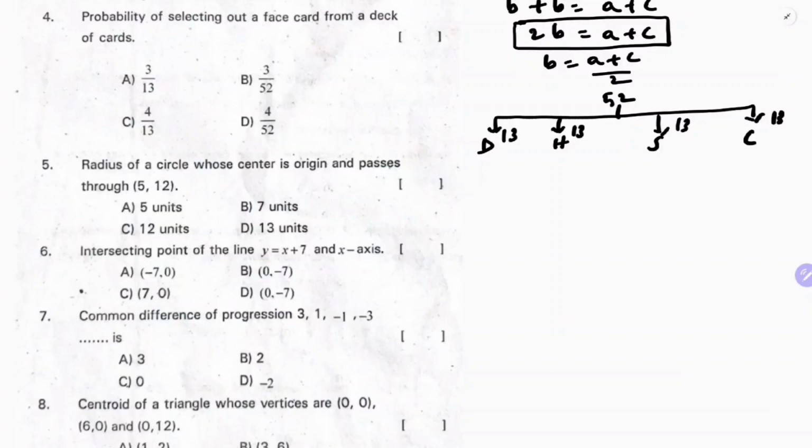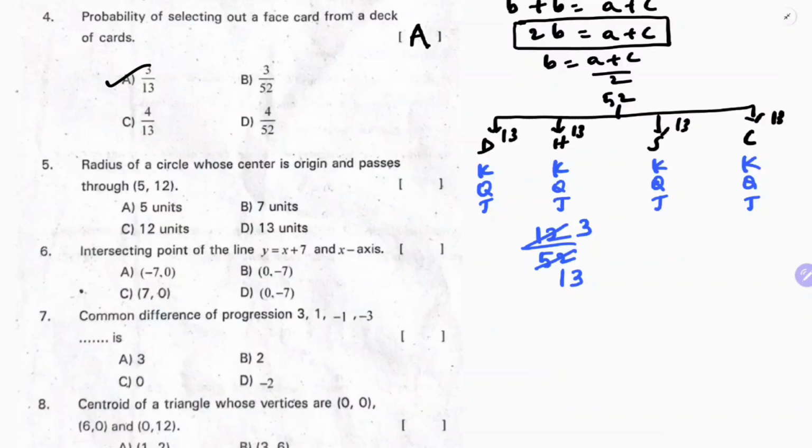Face cards are king, queen, jack in each suit, so 3, 3, 3, 3. Total face cards are 12 out of 52. Cancelling with 4, 4 times 3 over 4 times 13, so the total is 3 by 13. So the correct option here is A.